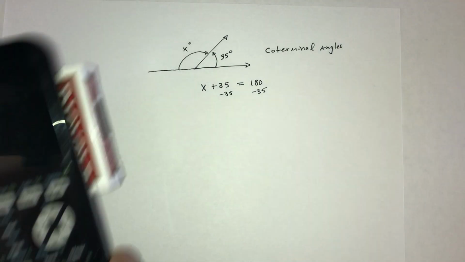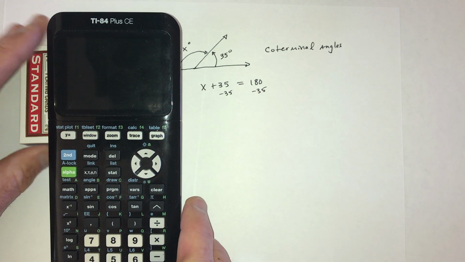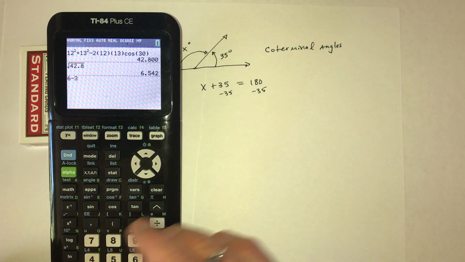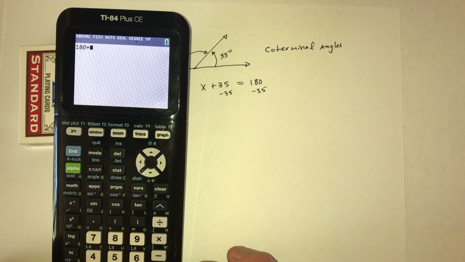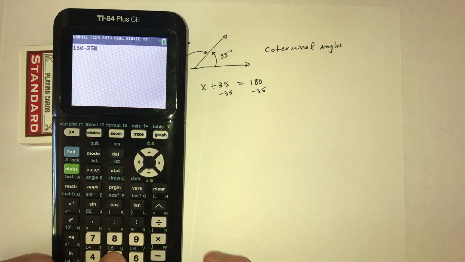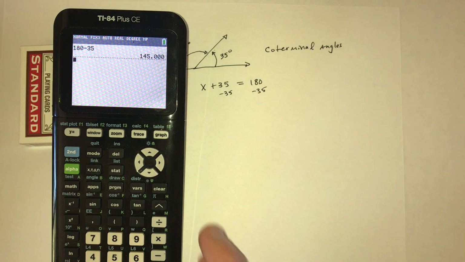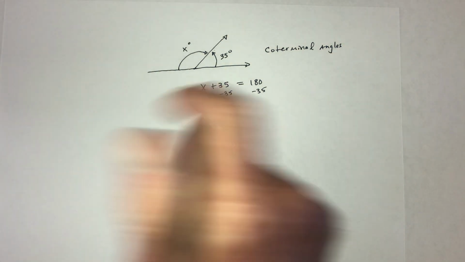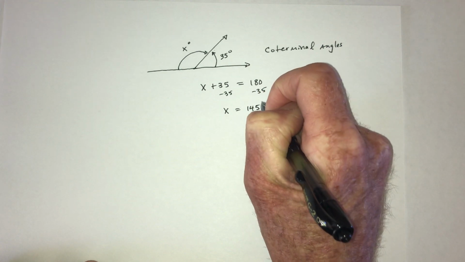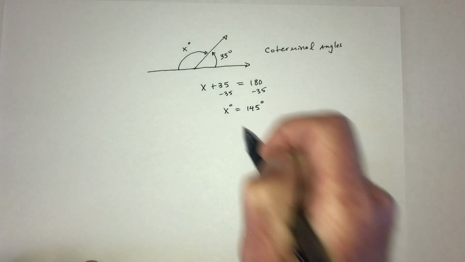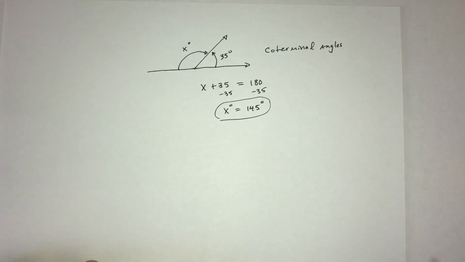And here's one of those places where I get to use the calculator. Let me clear out this old stuff. 180 minus 35 is 145. So x is equal to 145. And then technically, I should say that we're using degrees.